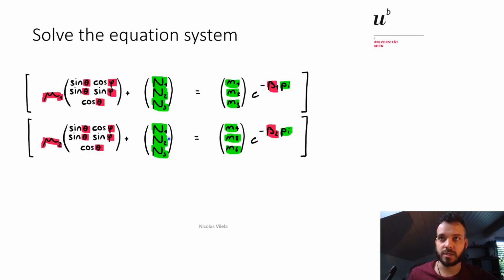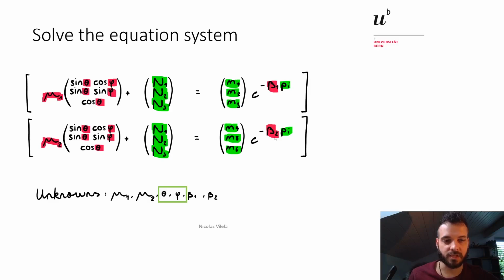We'll know our standard composition, we will know our measured value, but we will not know our unit vector, and we will not know how long we need to go in this direction in order to get to the same point. Now we actually have 6 equations and 6 unknowns, and what we want to do is solve this equation system in order to obtain our 2 angles theta and phi.